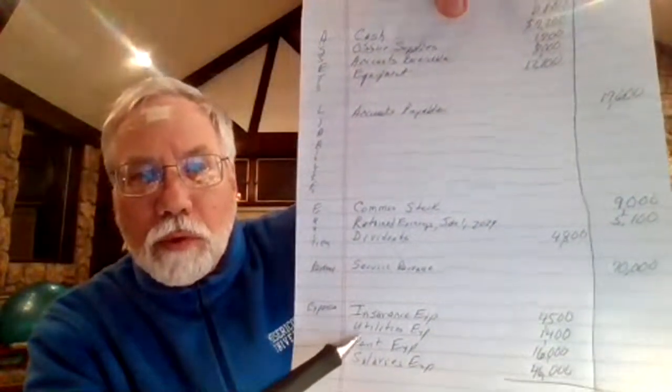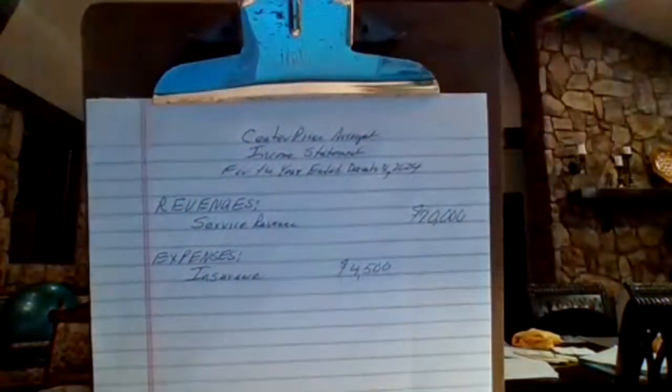And then we have 1, 2, 3, 4 expenses. So I'll get that information right from the trial balance. The service revenue was $70,000. The expenses, I have insurance expense, $4,500.